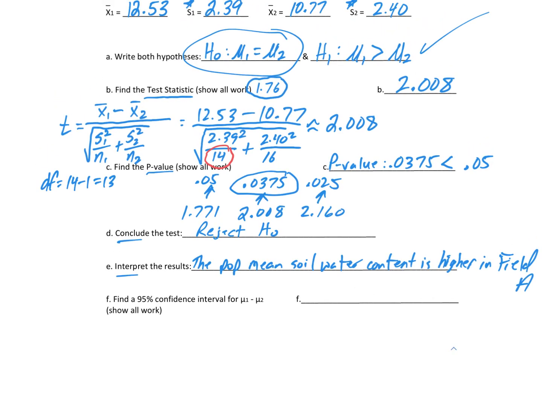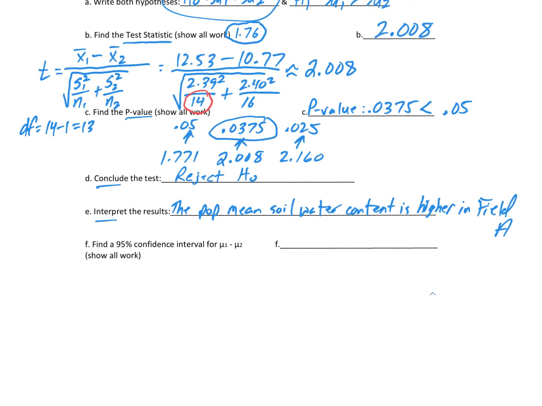And now we're going to answer the last question. So first let me show you the formula for this. mu1 minus mu2 has to be in between your x1 bar minus x2 bar plus our margin of error and our x1 bar minus x2 bar minus our margin of error.